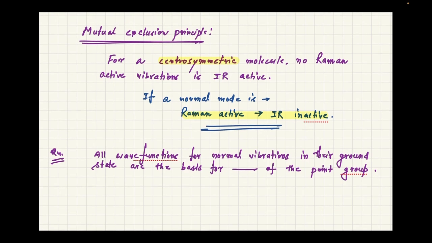We have discussed that the ground state wave function for all normal modes can act as a basis for a totally symmetric representation. That means the ground state wave function will be symmetric with respect to every symmetry operation corresponding to that particular point group. So the answer will be that it can act as a basis for the totally symmetric representation.